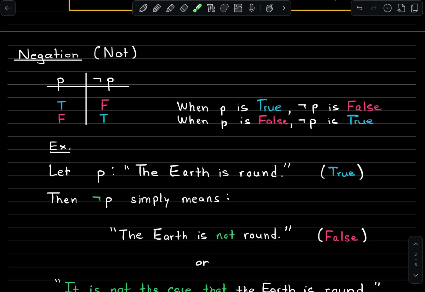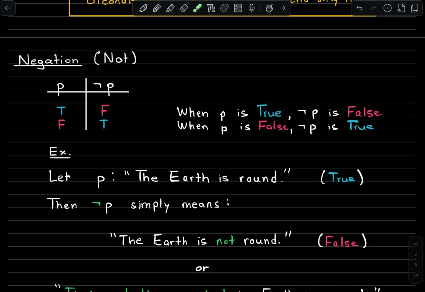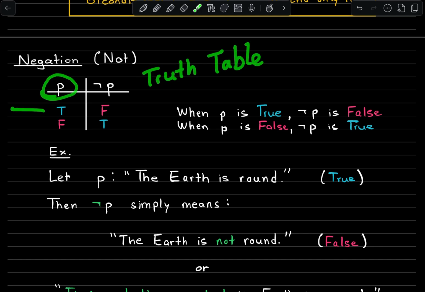So let's start with the negation, not. What we've got here is called a truth table. Okay, so this is our truth table. And what we do is we list out every possibility for our propositions.